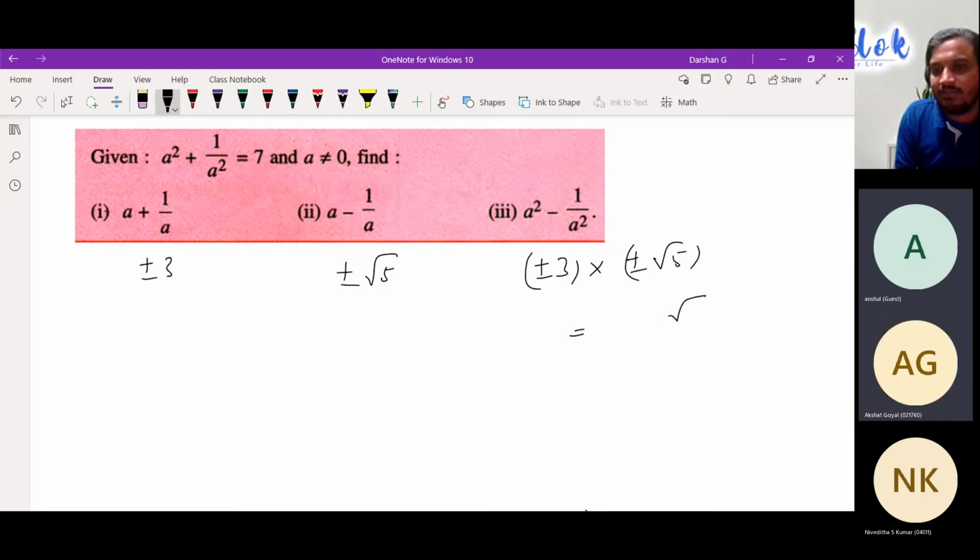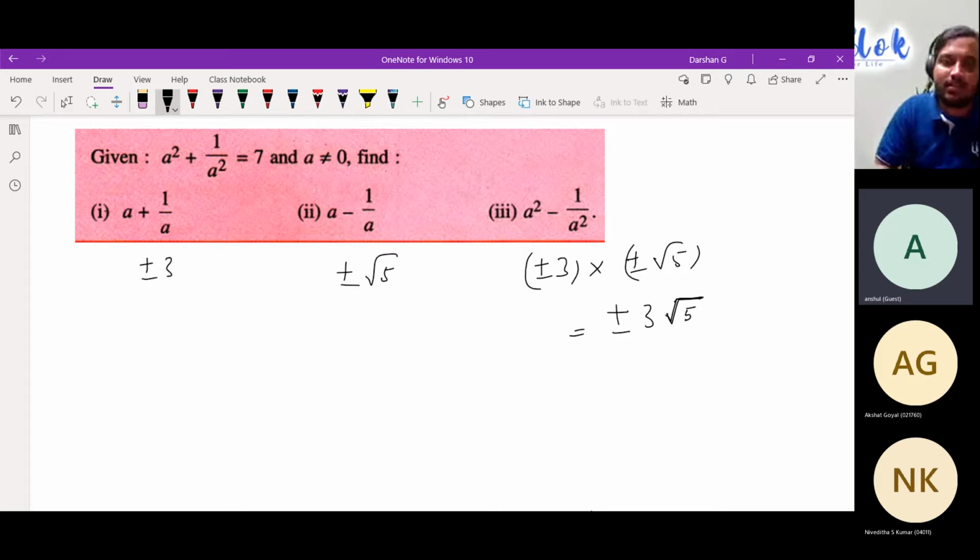It should be 3 root 5. Sir, it's plus minus 3 root 5. Correct. I have to put plus minus because if I have minus into plus, it will become minus again, right? So I hope even Nivedita got this.